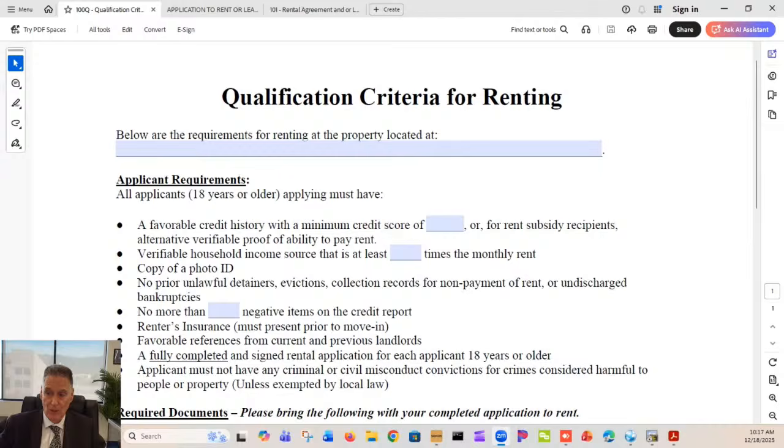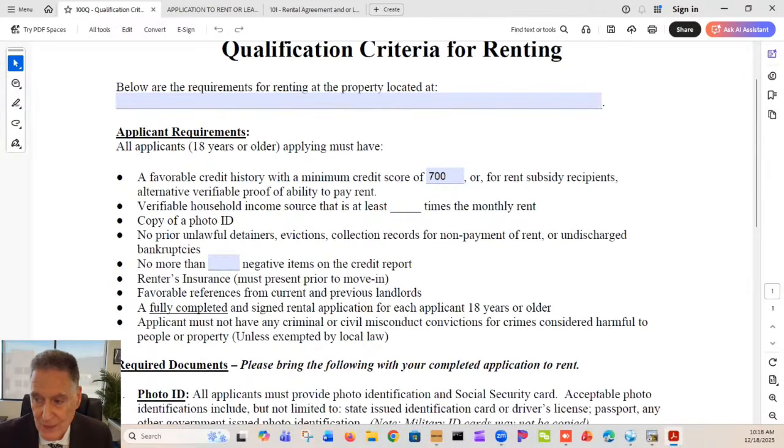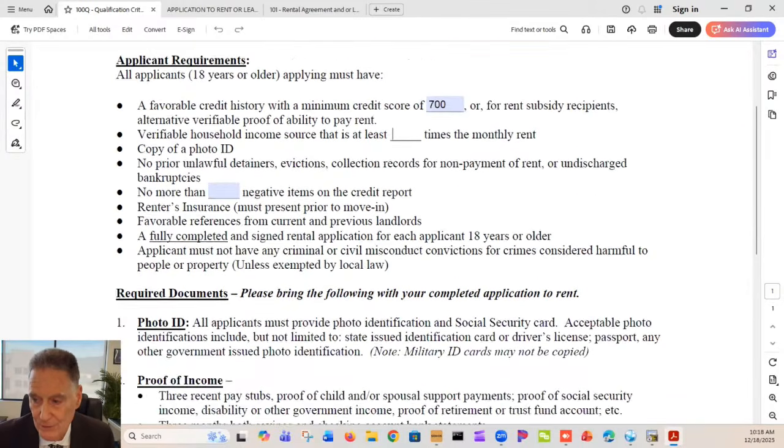So that's the reason why you're not getting into my unit. So as you can see here, as we go down, you would fill in a credit score. I'm going to do that now. So that would be like 700. You want to show the fact that they must earn at least 3 times the monthly income, that they have no prior unlawful detainers. So these are the criteria that you're going to use.